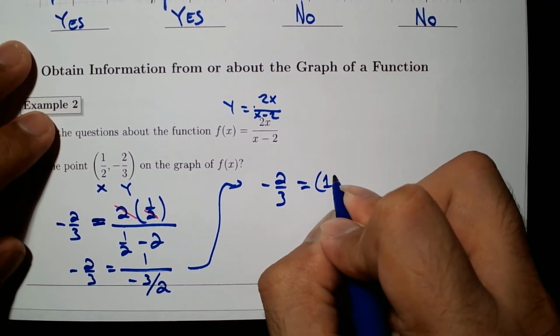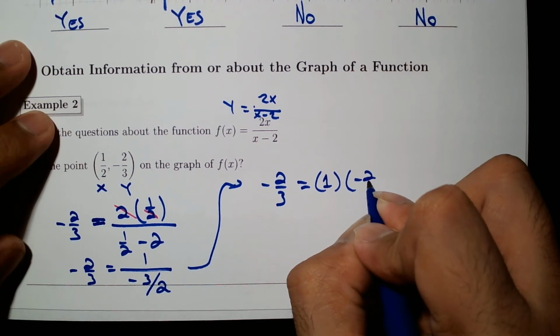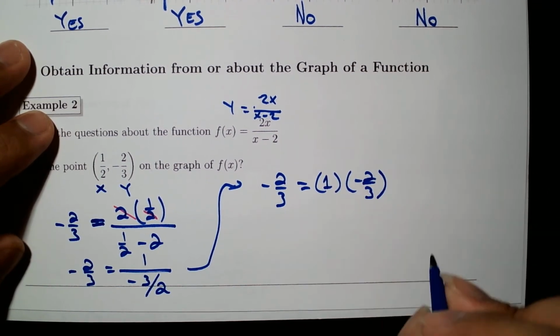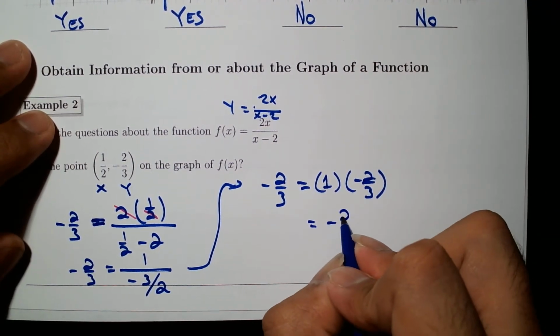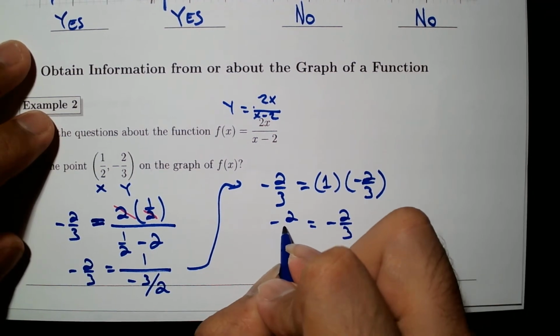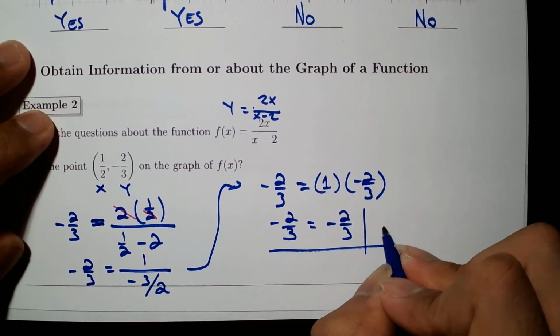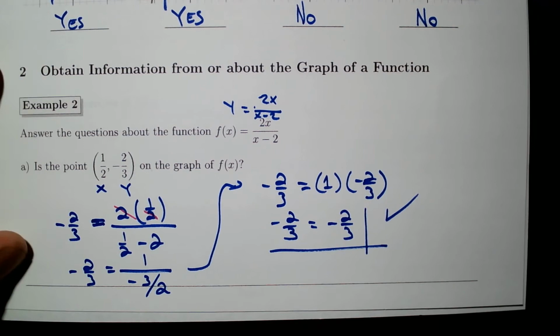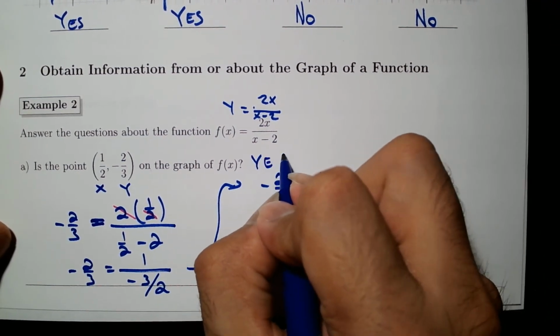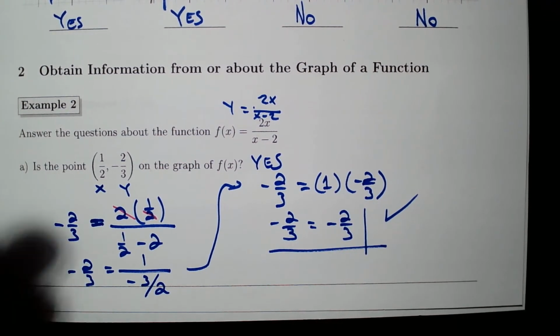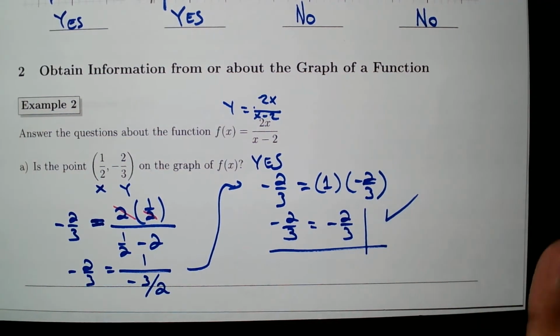So 1 times -2/3 is -2/3. So in this case the answer is yes. The point is on the graph of f of x.